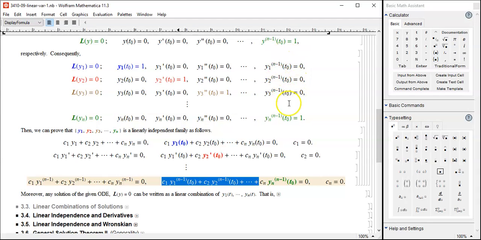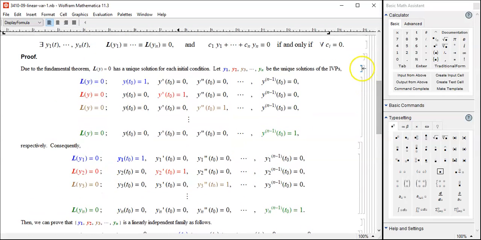All these derivatives, up to the n minus first derivative, evaluated at t equal to t0, are all zeros. And the last entry, that's 1. So basically this whole part drops out. And what do you have? Cn times 1 is equal to 0. Consequently, Cn is equal to 0. We got everything. All these coefficients are 0.